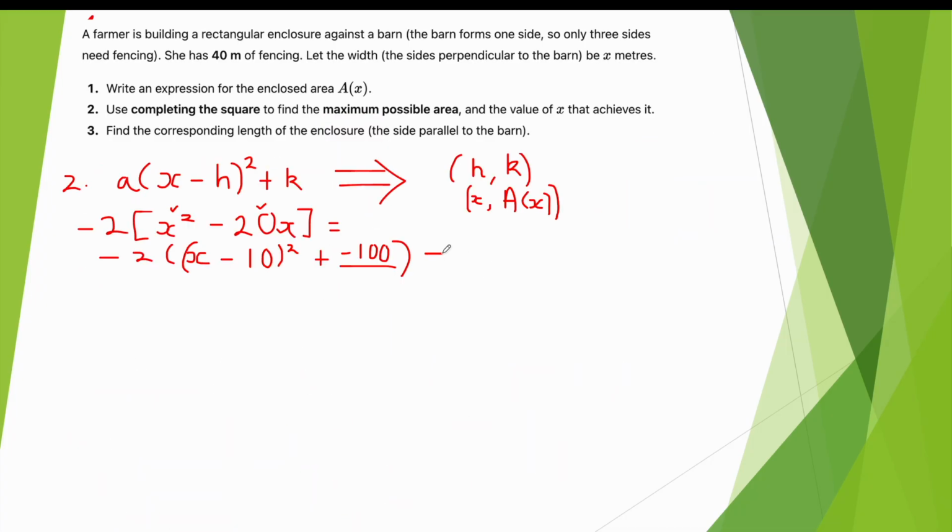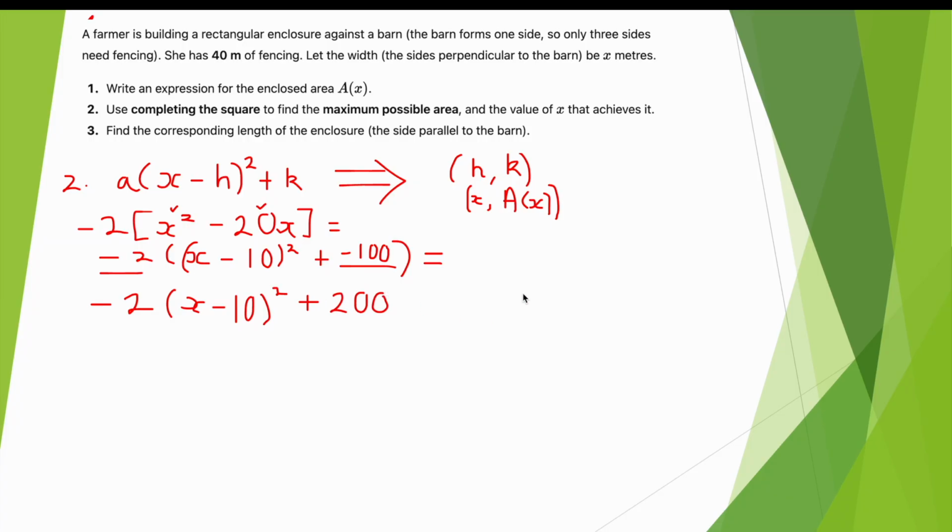The final step is to use this factor of minus 2 and apply it to both things in the bracket. So we're going to have minus 2 times (x minus 10) squared, which is the first thing in the overarching brackets, and then minus 2 times minus 100, which is going to be plus 200.